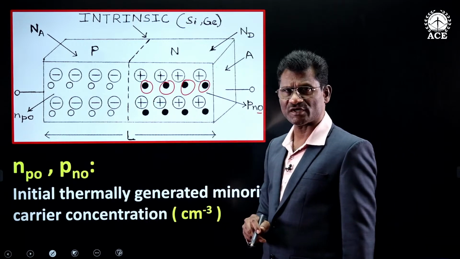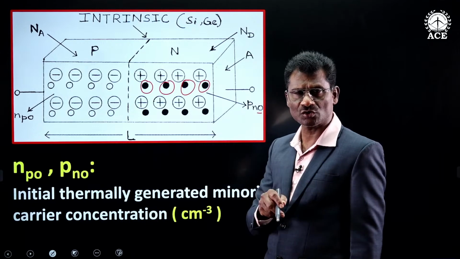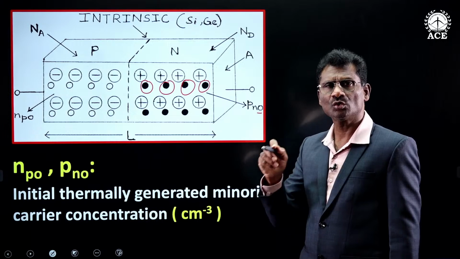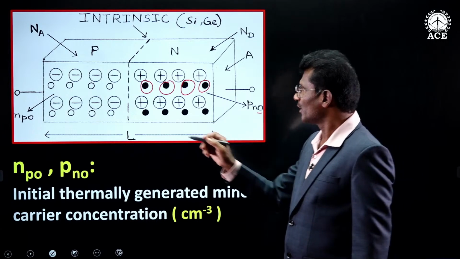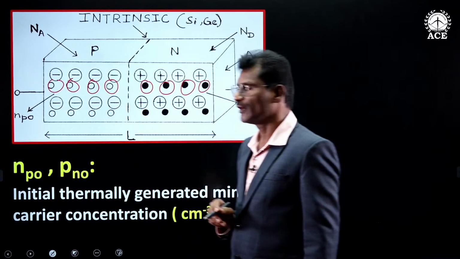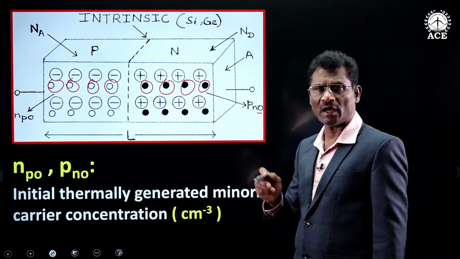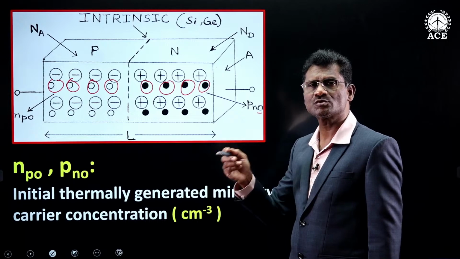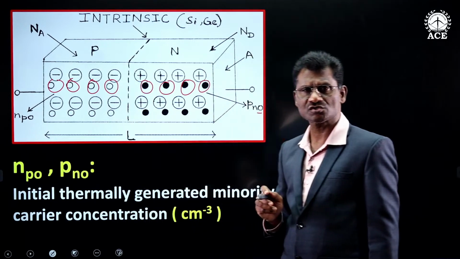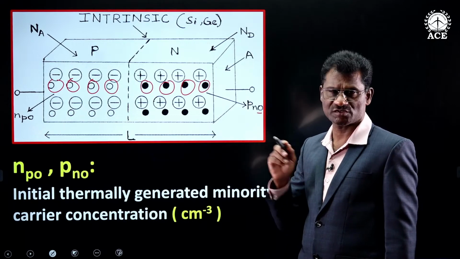Similarly, in P side also electron hole pair generation occurs due to room temperature. In P side, we get holes due to impurity atoms and holes due to EHP generation. In P side, we get electrons only due to EHP generation.